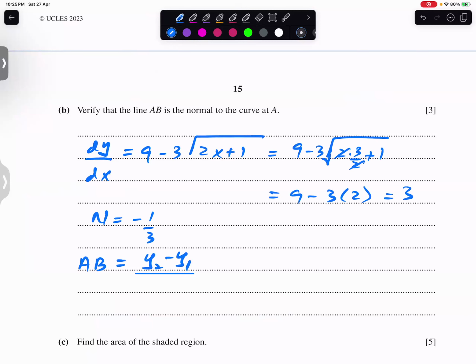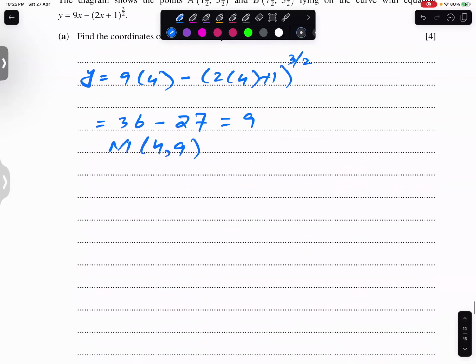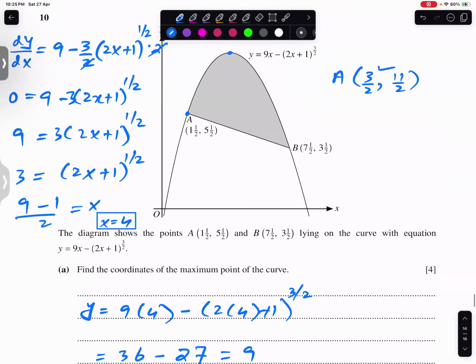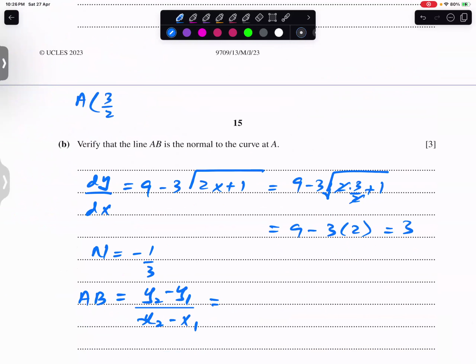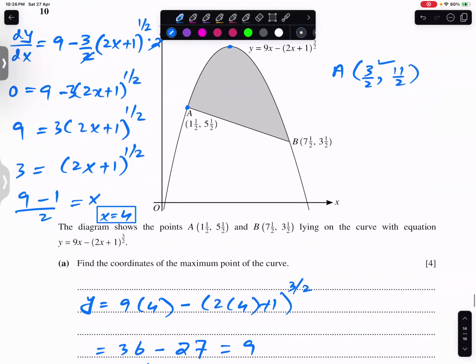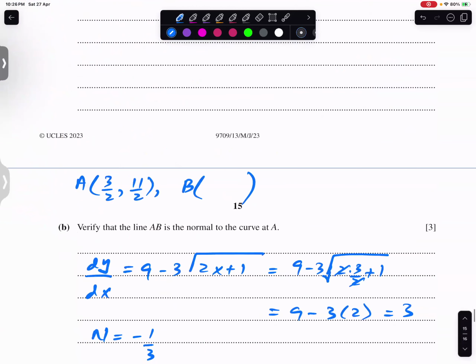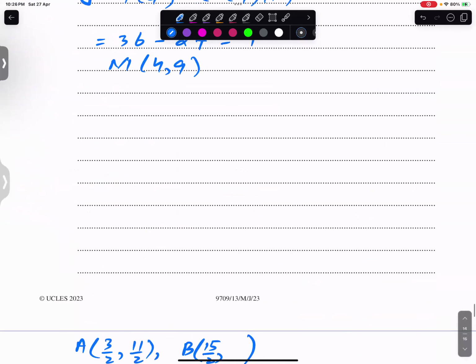If the gradient of AB is also -1/3, that means AB is actually normal. So A is (3/2, 11/2), and B is (15/2, 7/2).